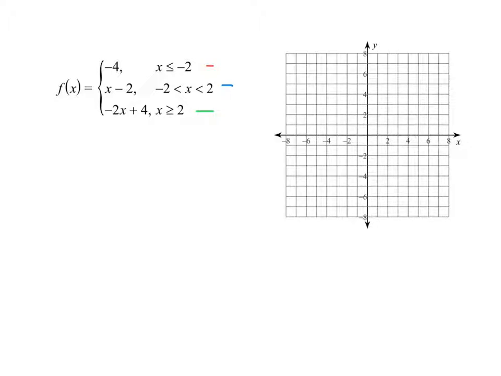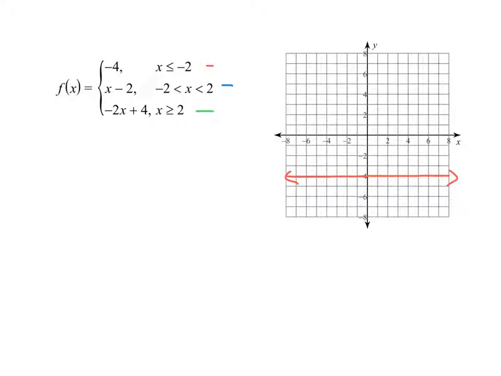So again, I'm going to start by graphing the entire thing and then getting rid of only what I don't need. I'm going to start with f of x equals -4 when x is less than or equal to -2. So -4 I know is a horizontal line that looks like this here. At this point I'm just going to start to clean it up right away.